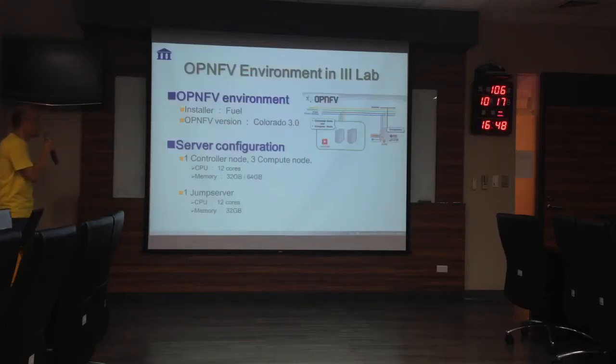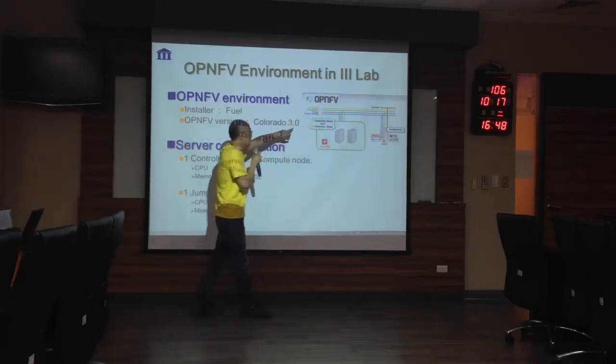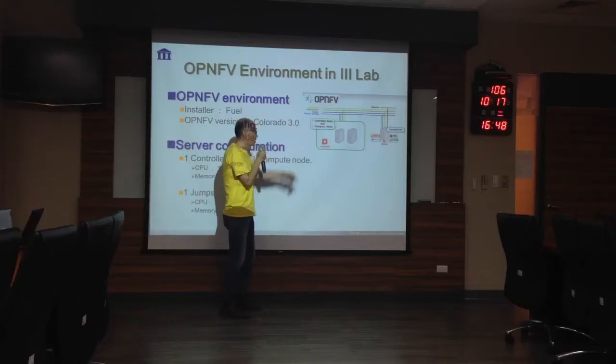Okay, on this page, we installed the OPNFV environment in our lab. We installed Colorado 3.0. So we have one jump server, one control node, and 3 compute nodes.